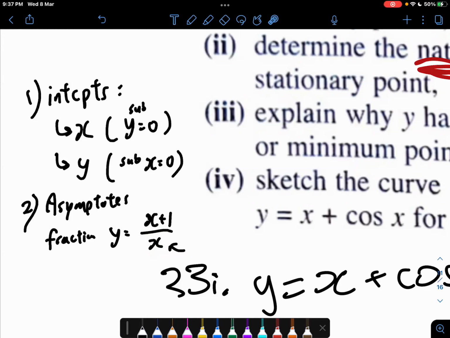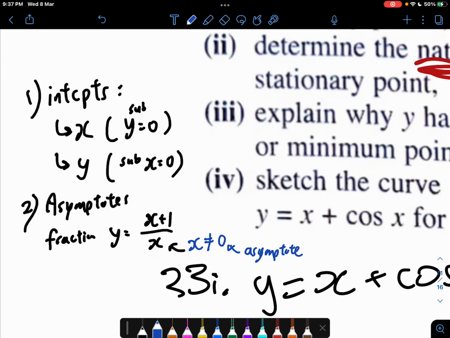It will cause math error. Never divide by 0. So that means x also cannot be equal to 0. If you sub in x equal to 0, what happens? Divide by 0 here, math error. So we must prevent that. And that tells you that there will be what we call an asymptote here.